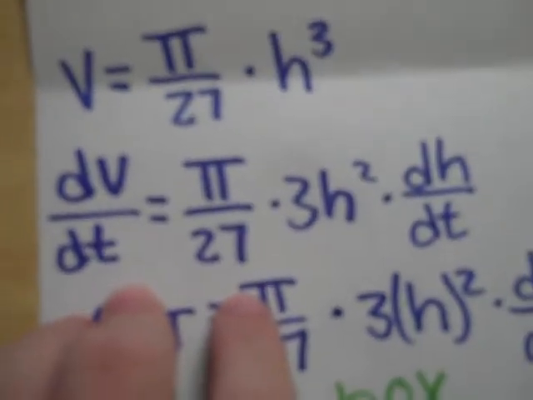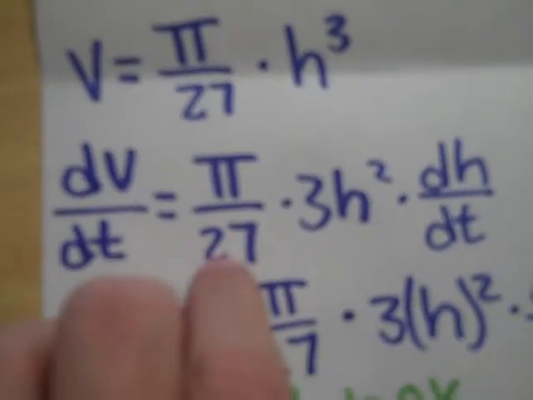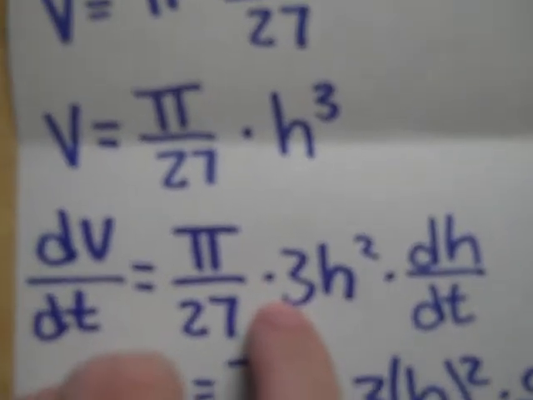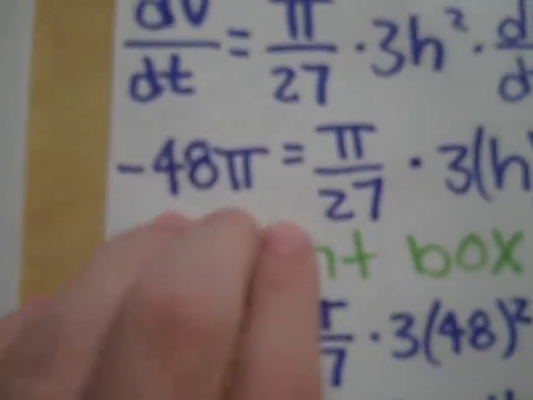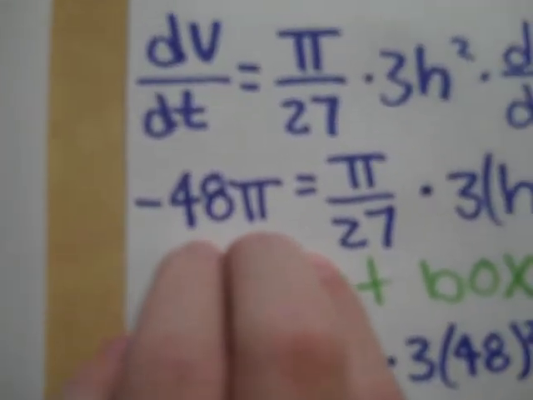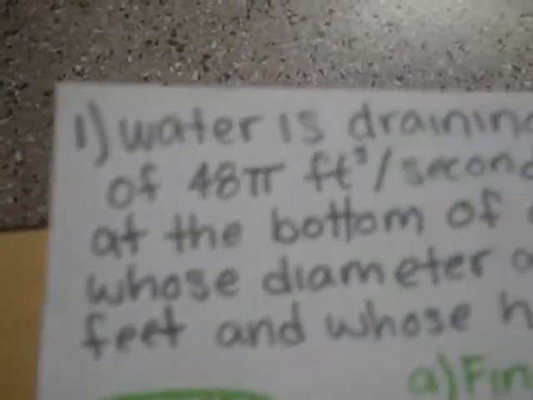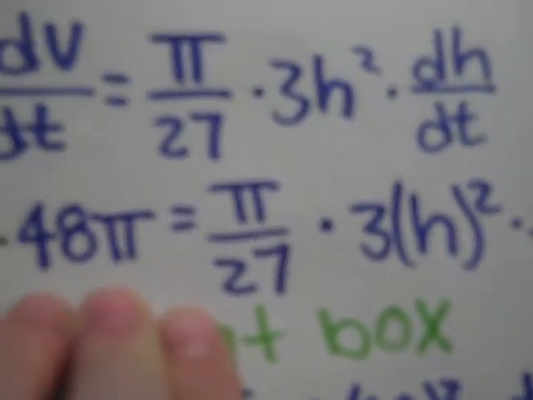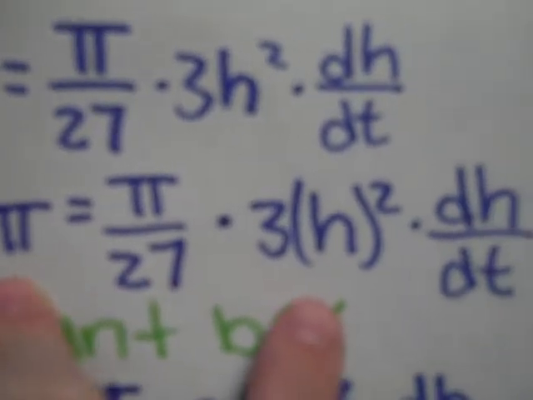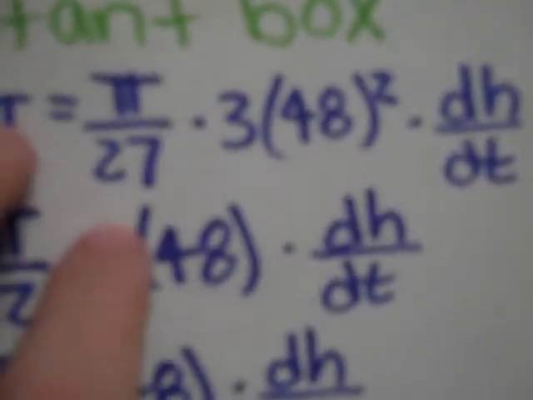Then you do the derivative, which is dV/dt equals π over 27 times 3h squared times dh/dt. Then you put negative 48π, because that's the rate of change in the beginning of the problem, equals π over 27 times 3h squared times dh/dt.